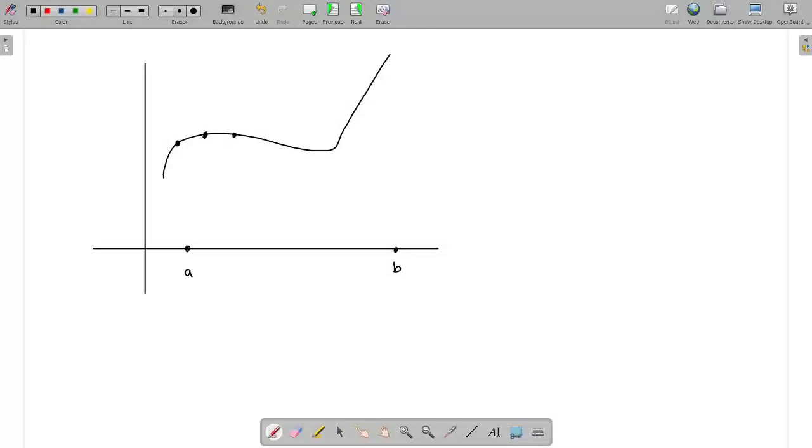So we'll take these points close to each other from A to B, and we will, using polynomial interpolation, which we'll have studied, find some polynomials passing through these points.